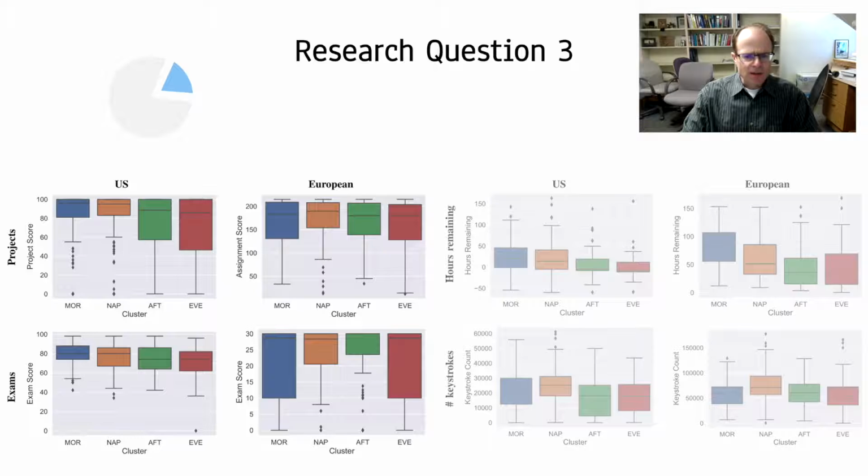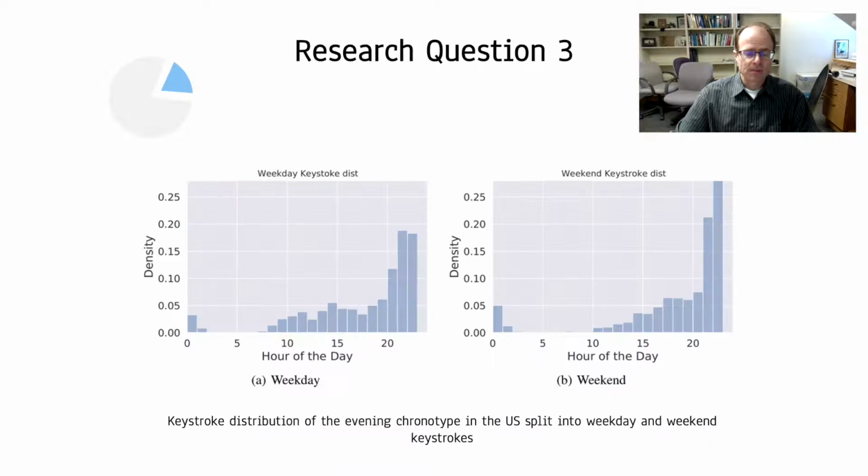Our data shows afternoon and evening students performing, in general, at a lower level. We consider the possibility that the university class schedule forced these students to work at suboptimal times, contributing to their subpar behavior. To see if the imposed schedule affected their natural working time, we compare each chronotype's keystroke distributions split between weekdays and weekends.